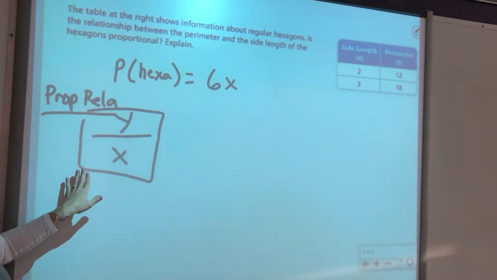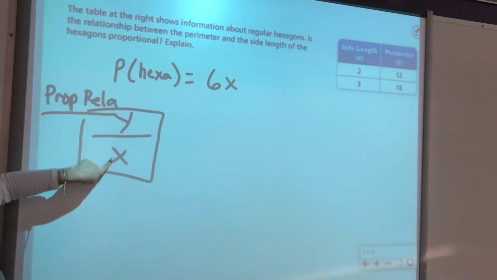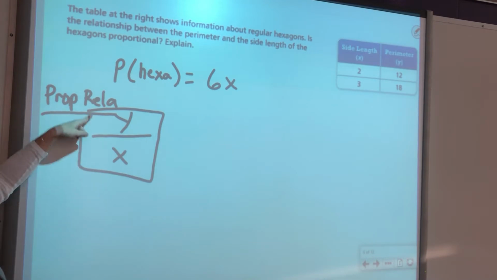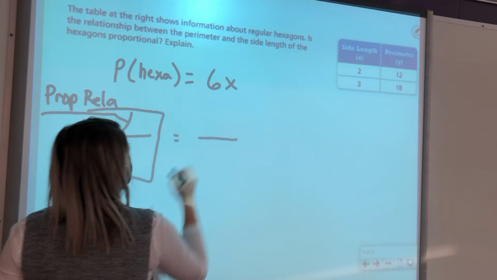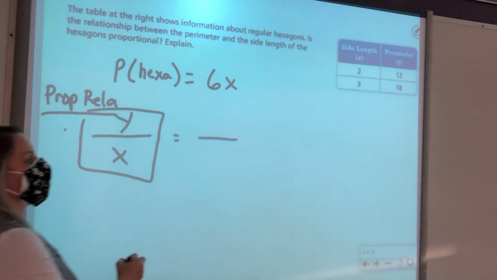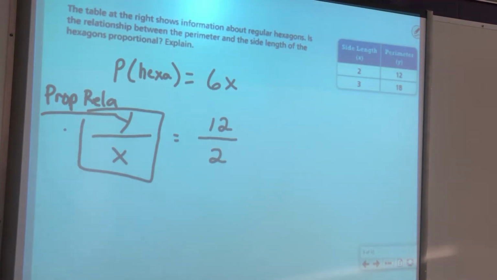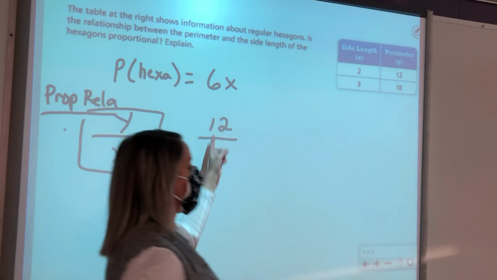Okay? So in this case, our perimeter is our dependent variable, and x is our independent variable, which is our side length, because our perimeter depends on the side length, right? So our ratio for the first one is 12 over 2. What do 12 and 2 have in common?